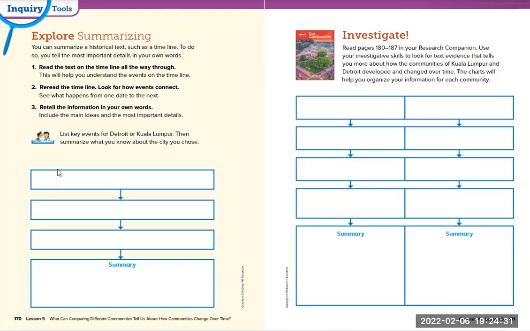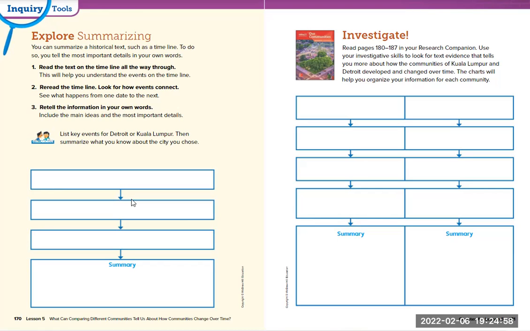And so if I were going to write that summary, the first detail that I would put would be that Malaysia was created by Chinese miners looking for tin in 1857. My second detail would be that Britain turned Kuala Lumpur into a colony and turned Malaysia into a colony and created the Malay states.